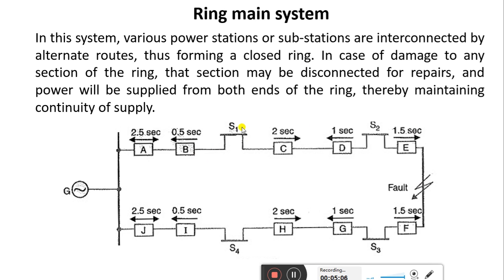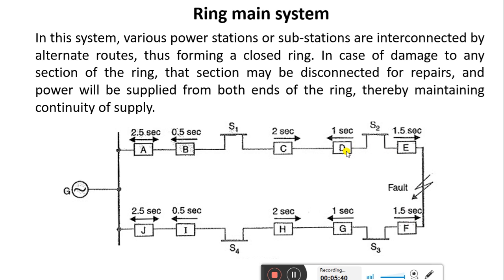Similarly, if we move from the generator through the bottom feeder towards the top feeder or back to the generator, here also we can see that starting relay J is given a time setting of 2.5 seconds. Then H is given a time setting of 2 seconds. Then F is given 1.5 seconds.